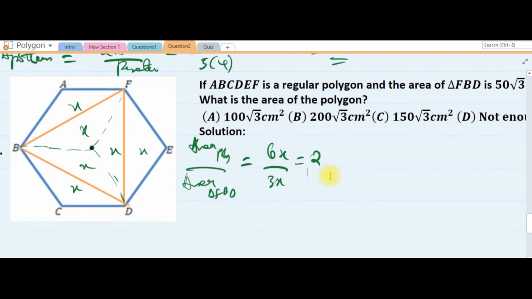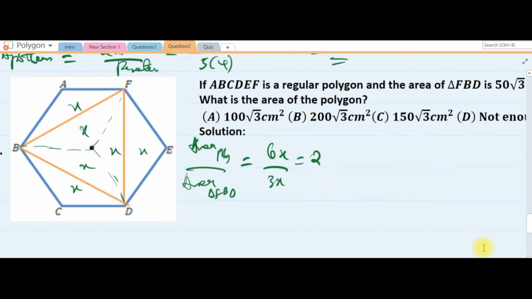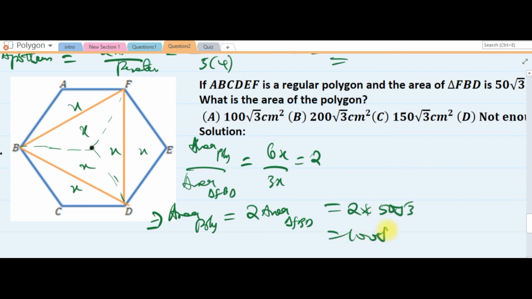The ratio is 2, but we are asked to find the actual area. But they told us the triangle FBD, which implies that the area of the polygon is now 2 times the area of triangle FBD, which is 2 times 50 root 3. That's 100 root 3. So our answer is A.